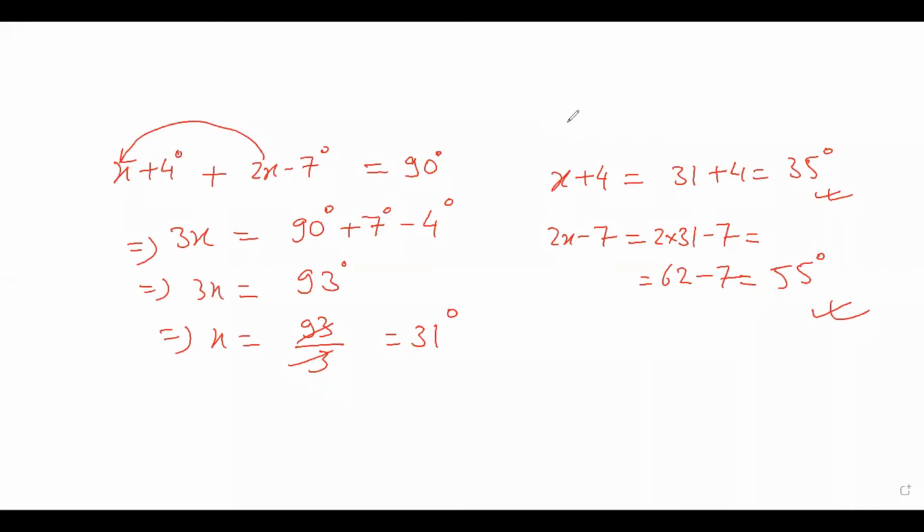In both parts, in the first part, the complement is given. Find the angle which is equal to its complement. That means both angles, as I have told you, complementary angles means the sum of the two angles is 90 degree.